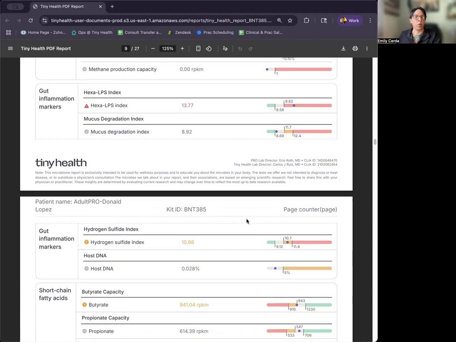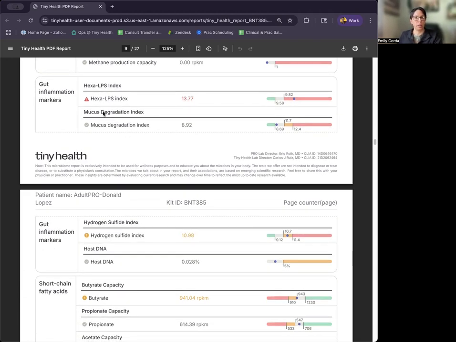Down below, we have gut inflammation markers. So we are looking at hexa-LPS, lipopolysaccharide or endotoxin production. The index, all of these indices, are looking at both the microbes present and the genes present in the sample to come about with the number of the index.